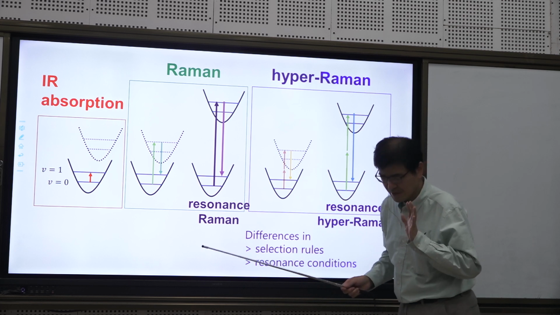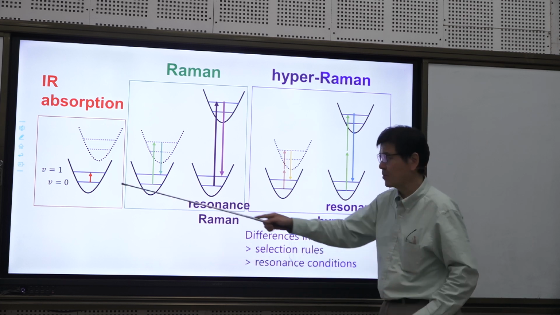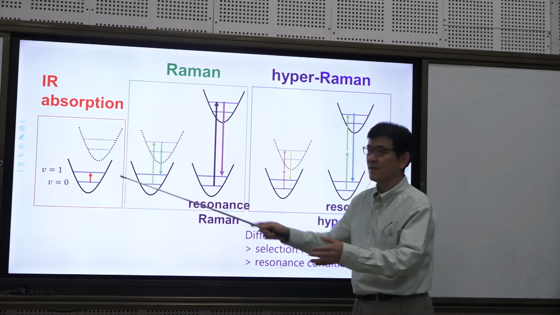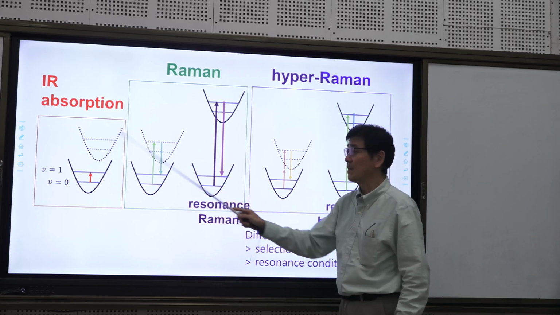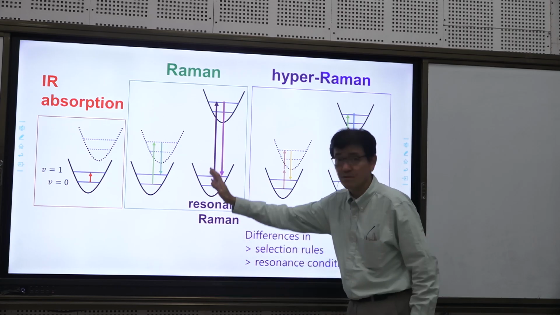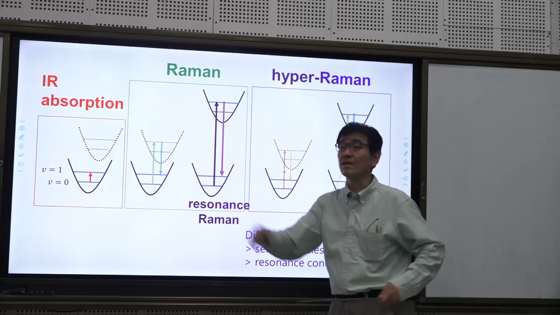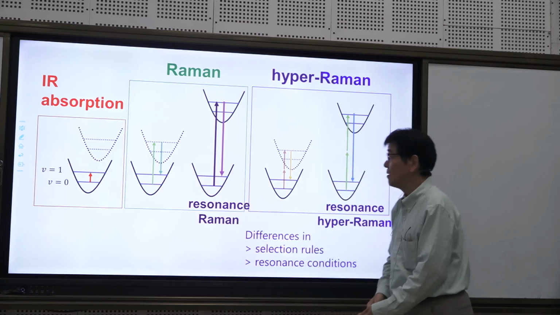If our purpose is to get information about the molecular vibration or vibration frequency, IR and Raman may be sufficient. It covers a wide range.